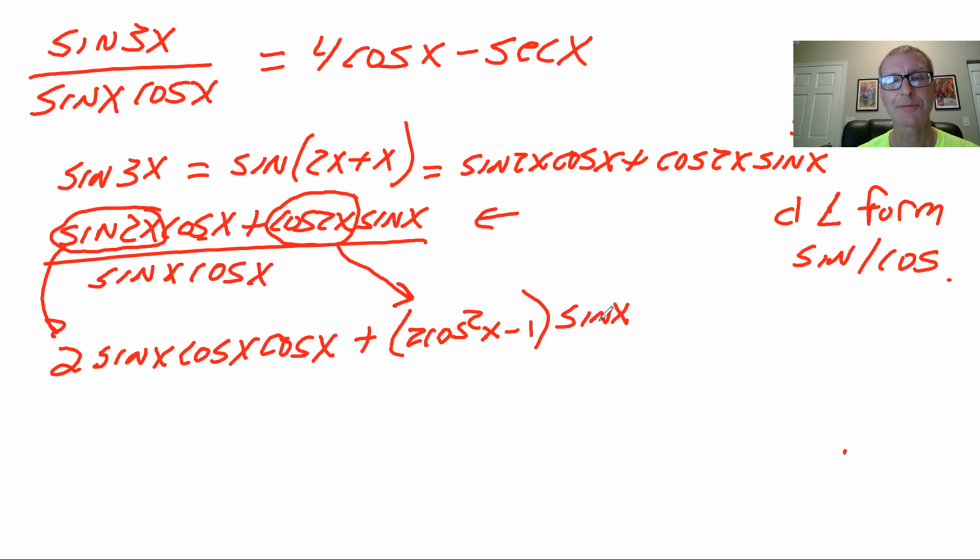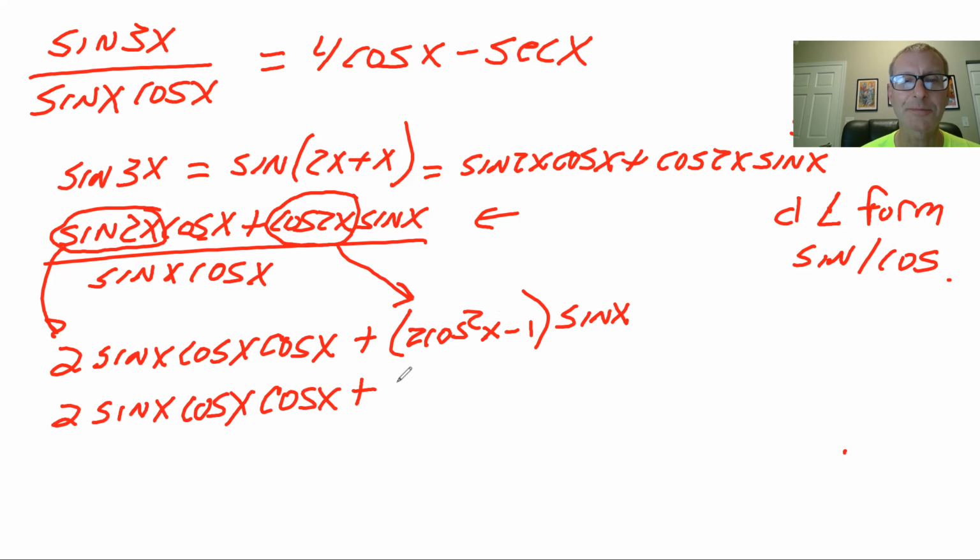So let's see what's left after we multiply this all out. So we have 2 sine of x, cosine of x, and then another cosine of x. And then we have plus 2 cosine squared of x, sine of x, minus sine of x.